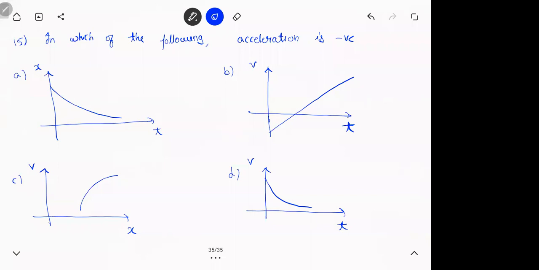Don't assume anything. So, end of the day, you have to eliminate the graphs. There's no other way to solve this.